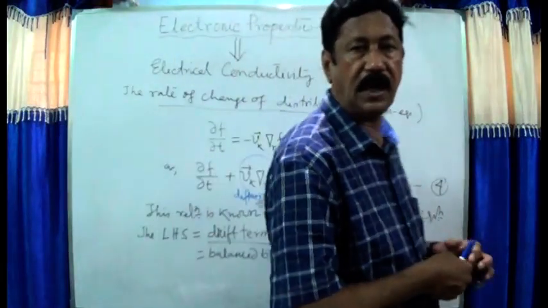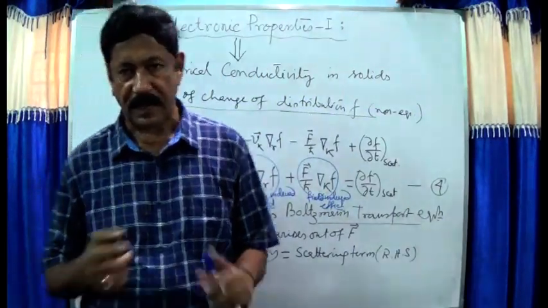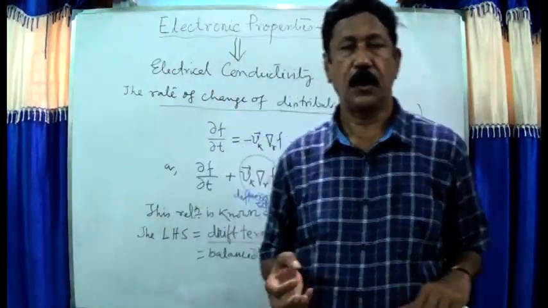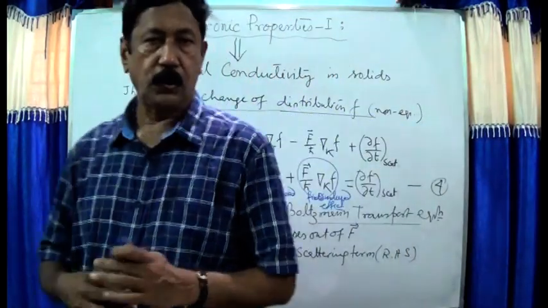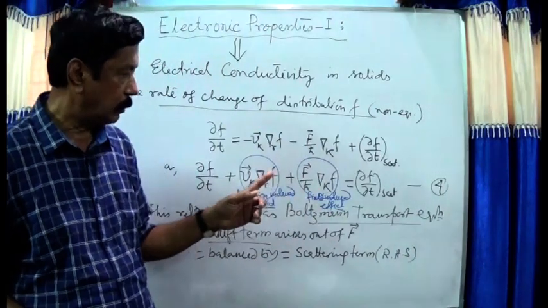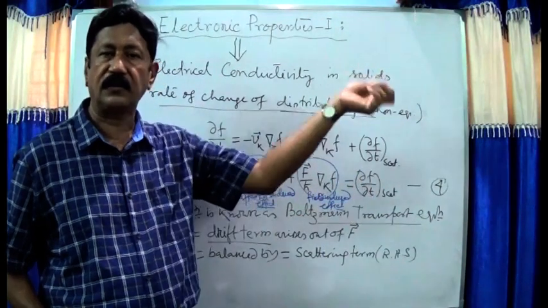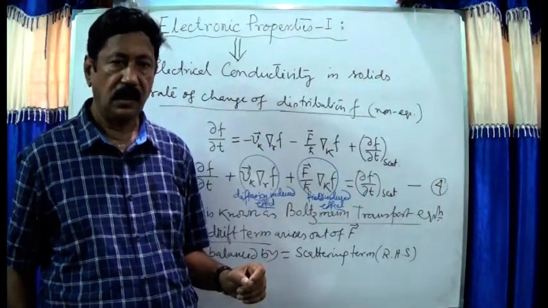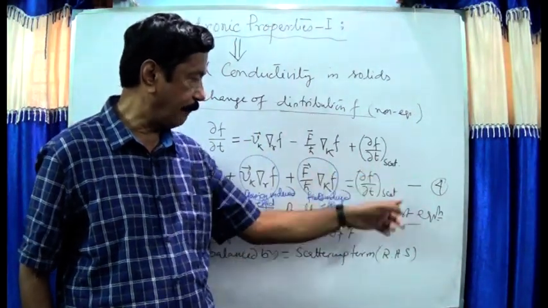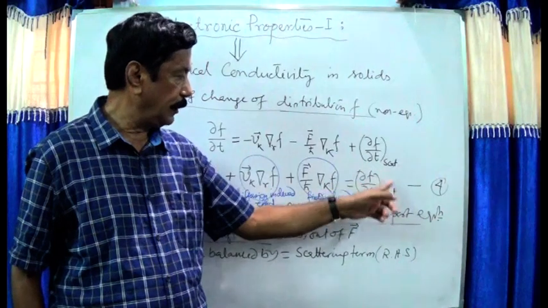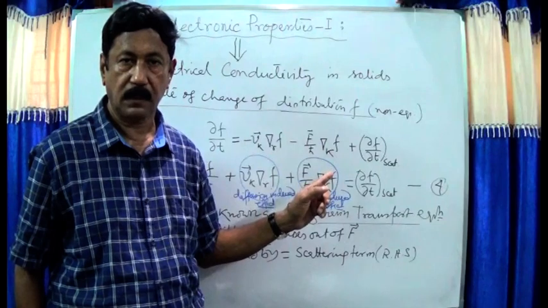And that will be done by some approximation, and that approximation is the relaxation time approximation. So now, after arriving at this point, we will pass over to the relaxation time approximation. And we should keep in mind that approximation is necessary for tackling this part only. Okay?